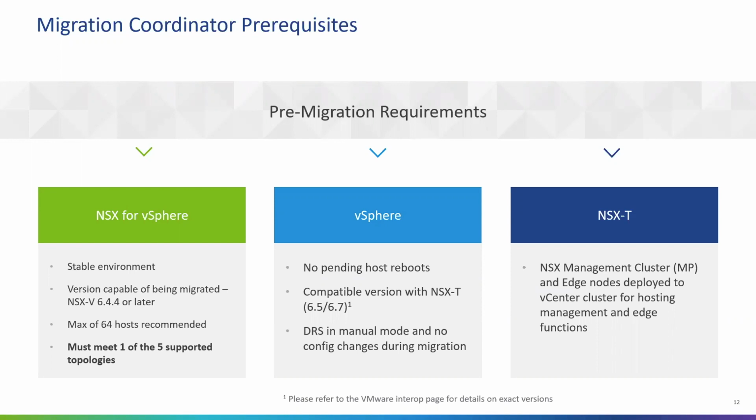Yeah, I think probably the best candidates, well, first of all, you have to fall into those 5 supported networking topologies. We're going to go over a couple of them real quick, just so you guys can see how the objects translate.